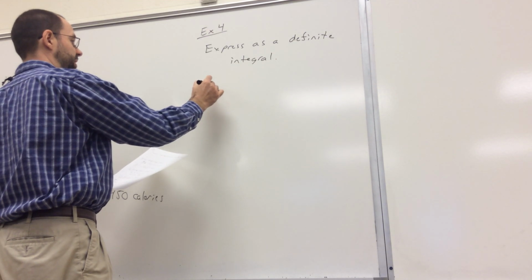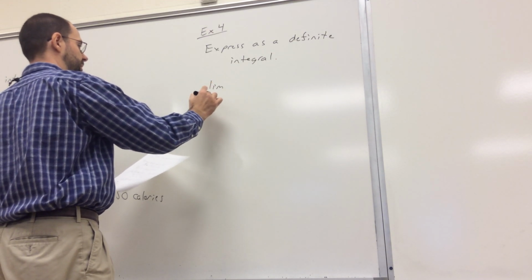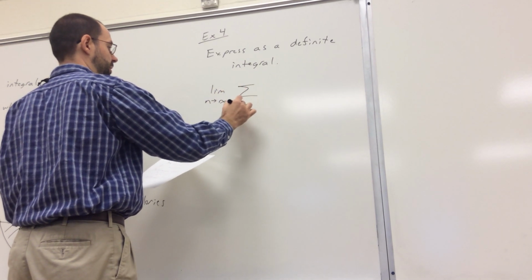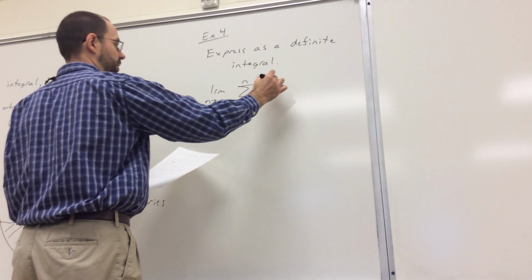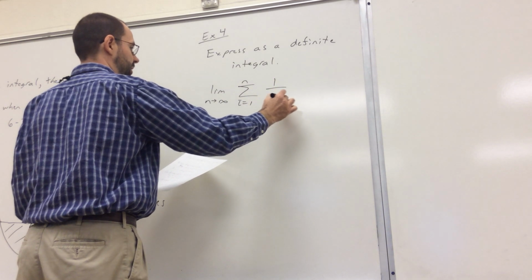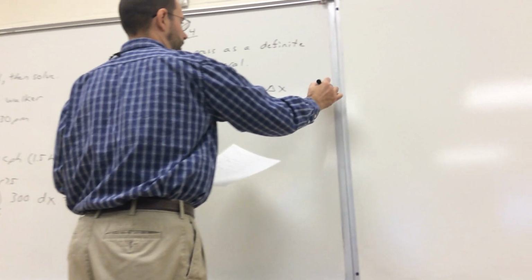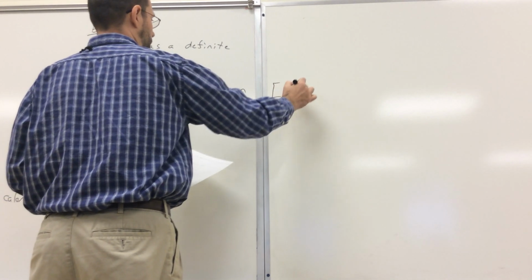This time we're going to have this crazy notation: limit as n goes to infinity of the sum, i equals 1 to n, of 1 over ck times change of x on the interval 1, 4.